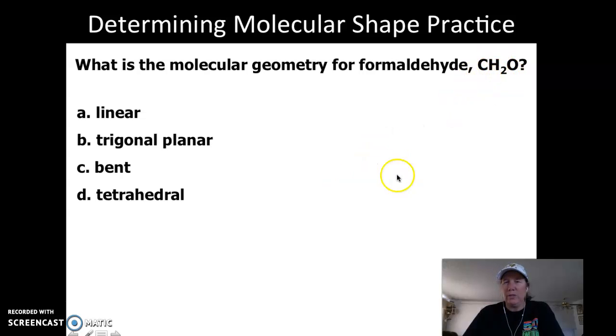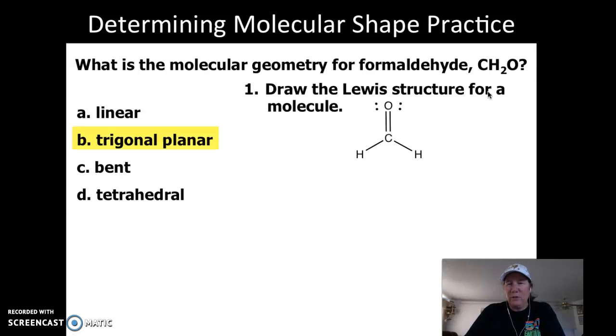Okay, so CH2O. You'd have carbon in the middle, with 2 hydrogen and 1 oxygen bonded to it. So that's 3 bonded to it, and it would have a double bond. When you have double bonds and triple bonds, you don't have to count them as more than one. It is trigonal planar, but it'll be easier if I show you. Here's what it looks like.